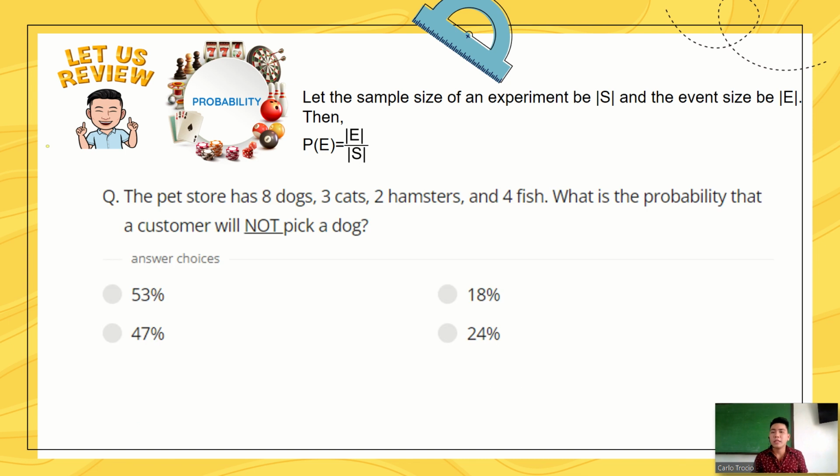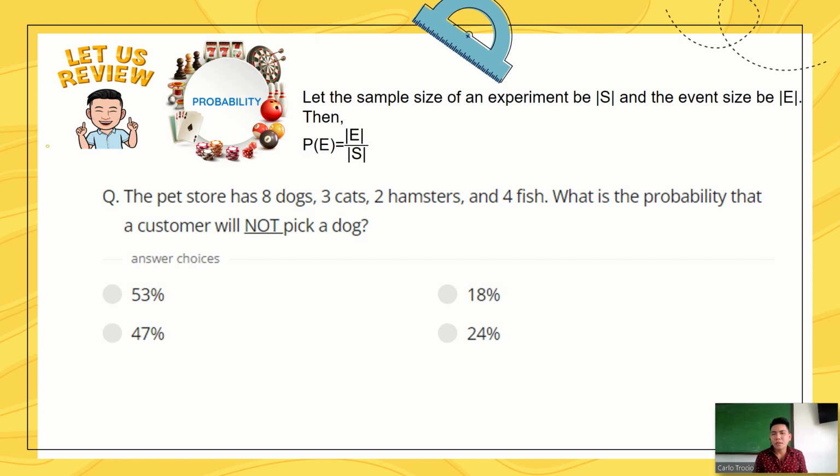Another example. The pet store has 8 dogs, 3 cats, 2 hamsters, and 4 fish. What is the probability that a customer will not pick a dog? So the customer will not pick a dog, only the cats, hamsters, and fish. So you are going to add all the events: 3 plus 2 plus 4, and that is 9.